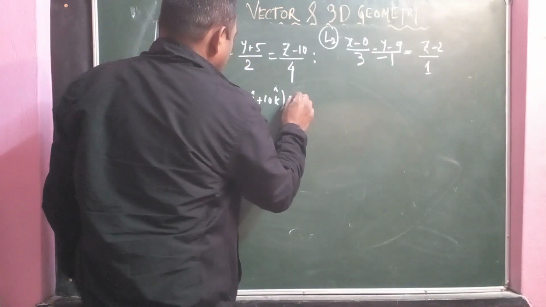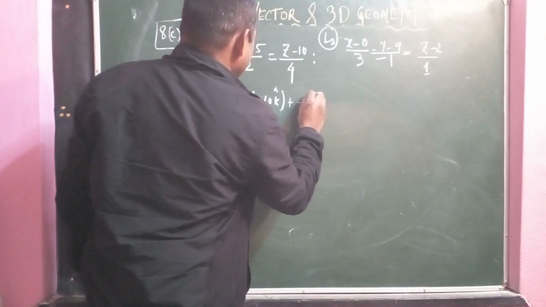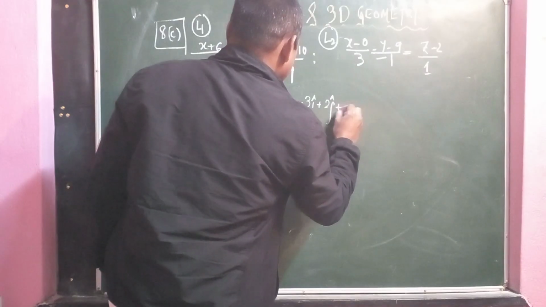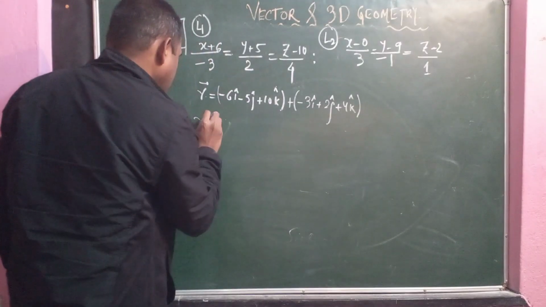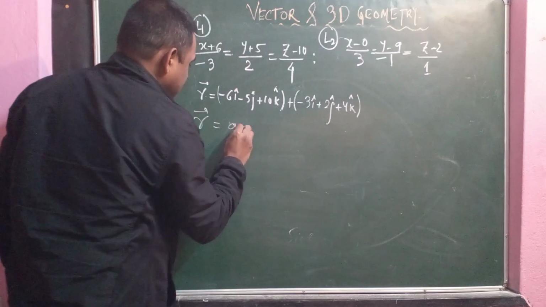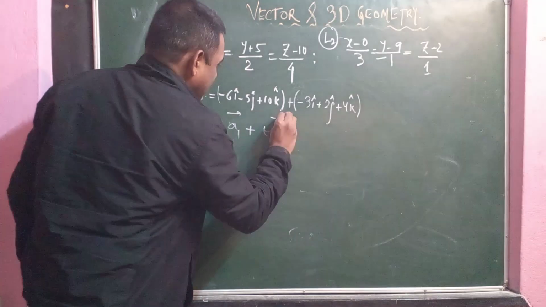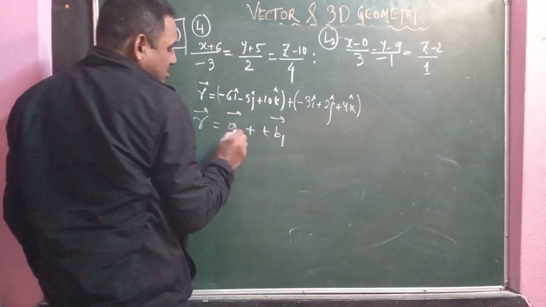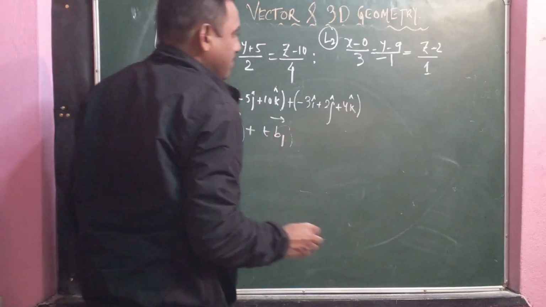This is your A1, and then plus lambda times minus 3i cap plus 2j cap plus 4k cap. R vector equals A1 vector plus lambda B1 vector. That means this is a straight line which is passing through this A1 point and parallel to B1.